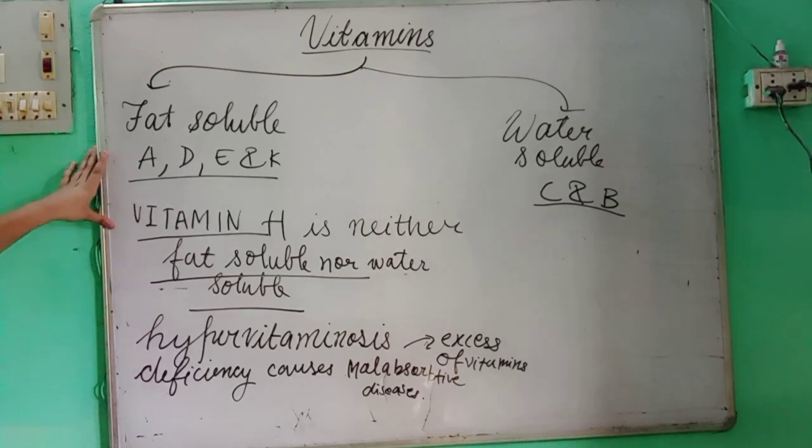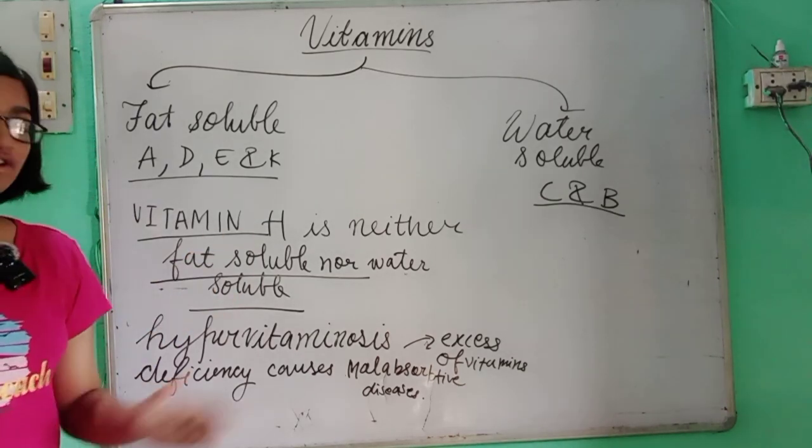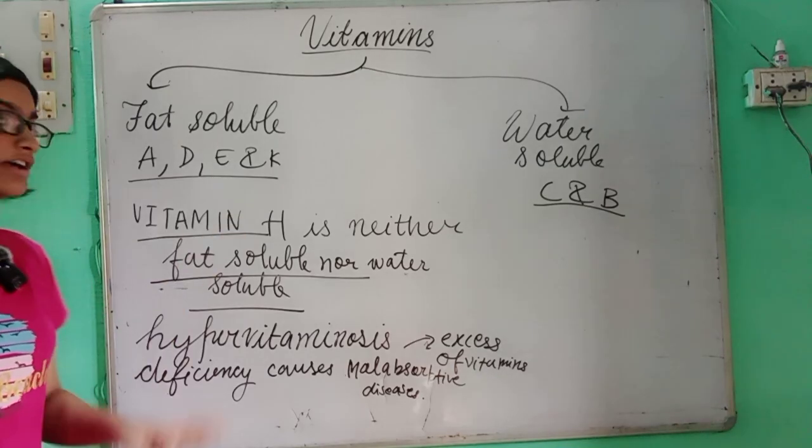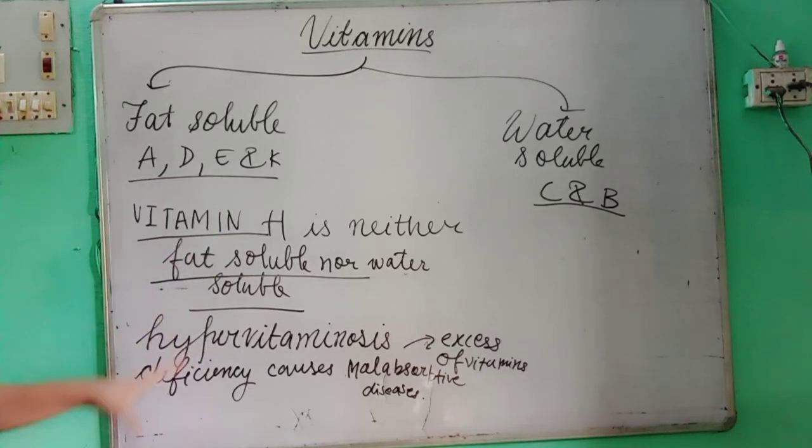So, vitamins are divided into two groups, fat soluble and water soluble. Fat soluble vitamins are A, D, E and K. Water soluble are C and B. Vitamin H is neither fat soluble nor water soluble.